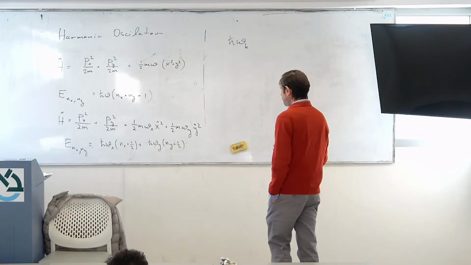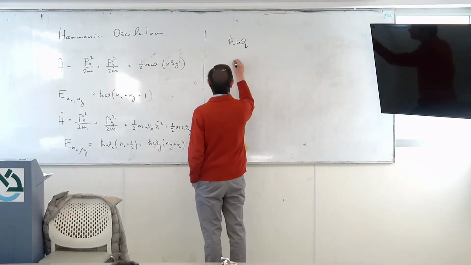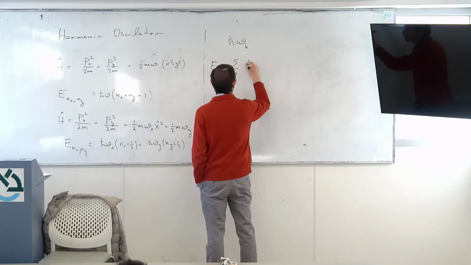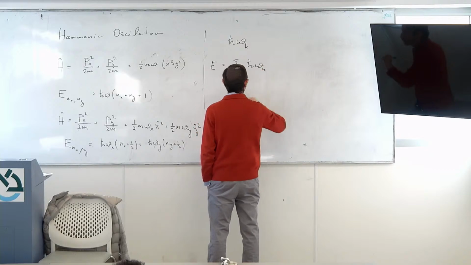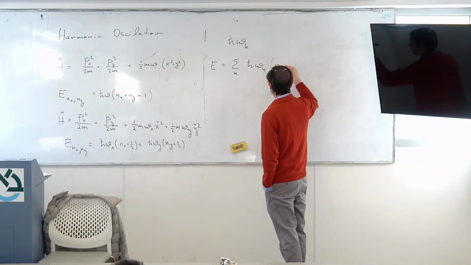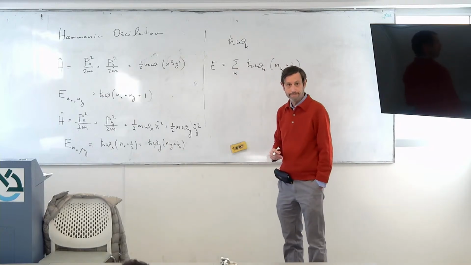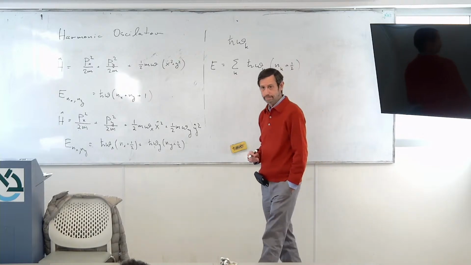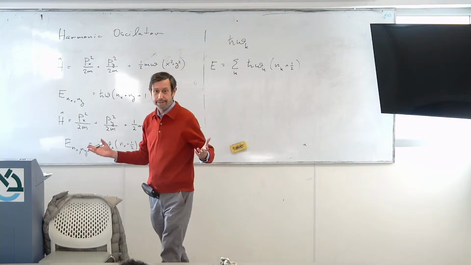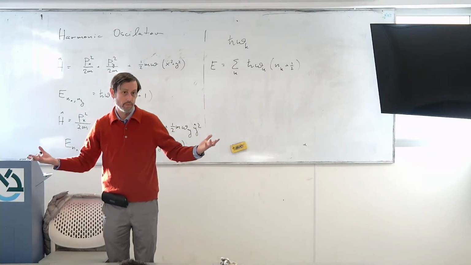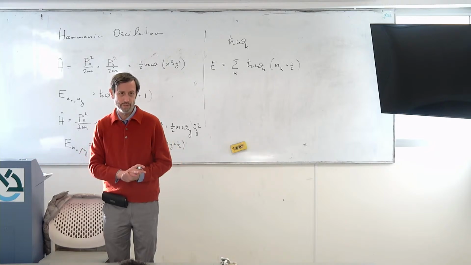So basically, what you'll get is the sum over k of h bar omega k times n k plus half, which is the energy of photons. That's what you have learned about the energy of photons.